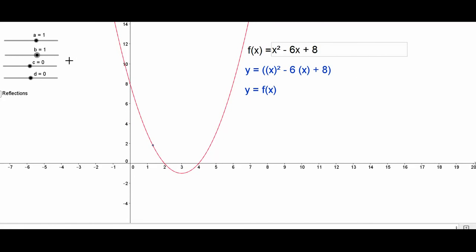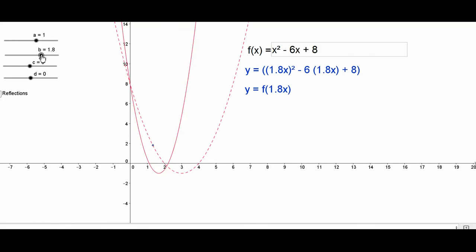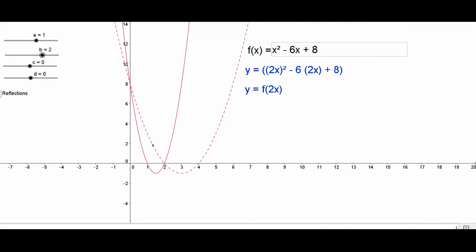If we multiply the x by 2, so we have f of 2x, we get this. f of 2x results in a compression parallel to the x-axis.